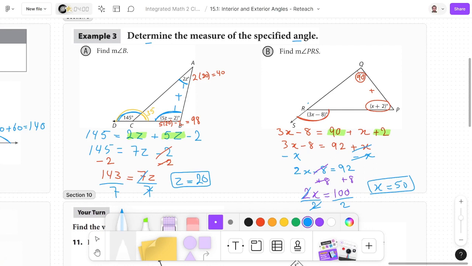So 3 times 50 minus 8. 3 times 50 is equal to 150. 150 minus 8 is equal to 142... 140. If this one is 140, then this one here should equal 40. And this one here, 50 plus 2, is equal to 52.